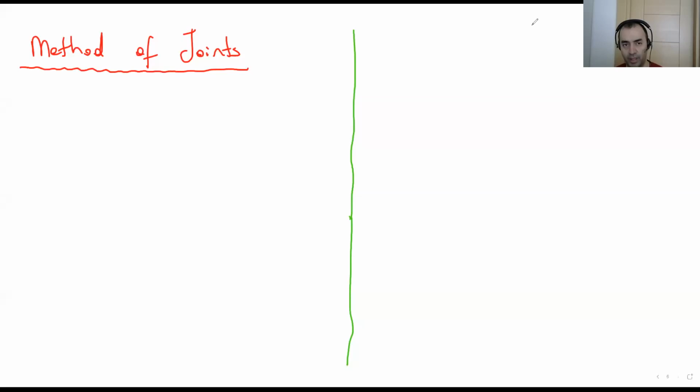Play, share screen. Okay, the first method is method of joints. Okay, let's draw an example here in black.